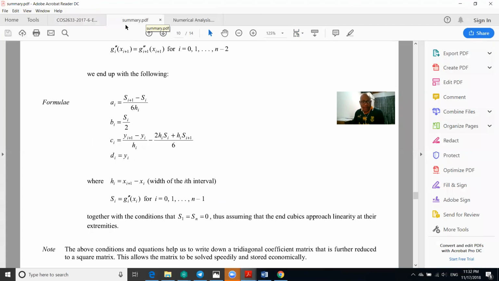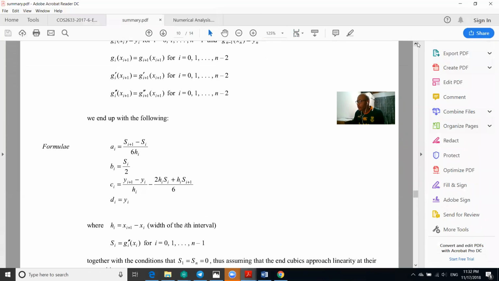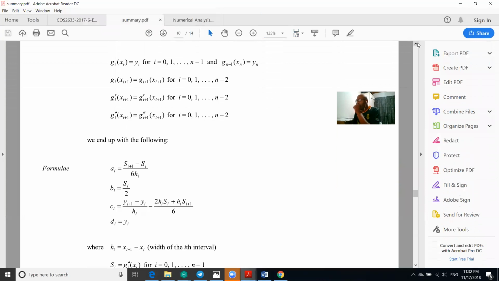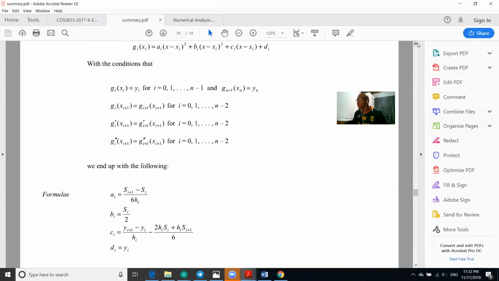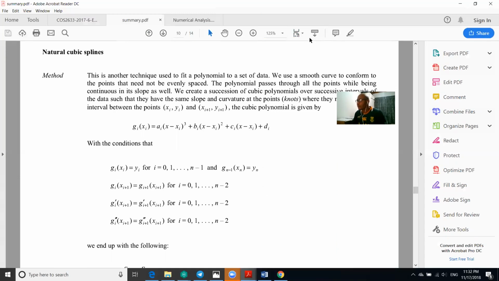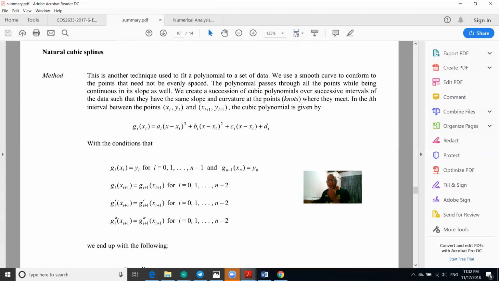I'm seriously clueless on this one. Well, S i equals the g i x.